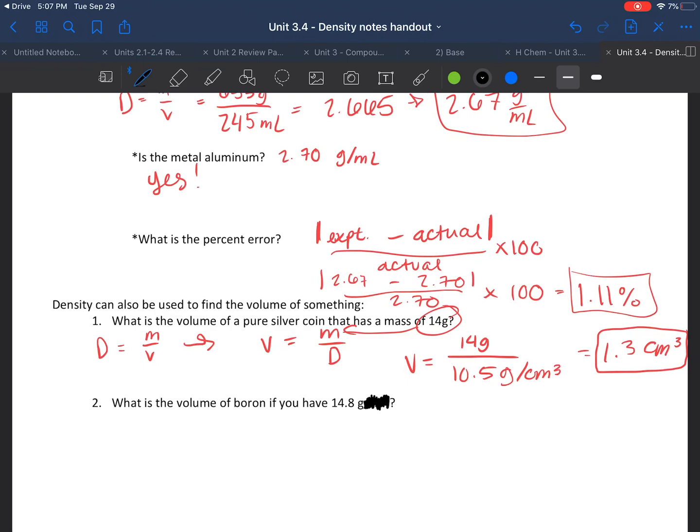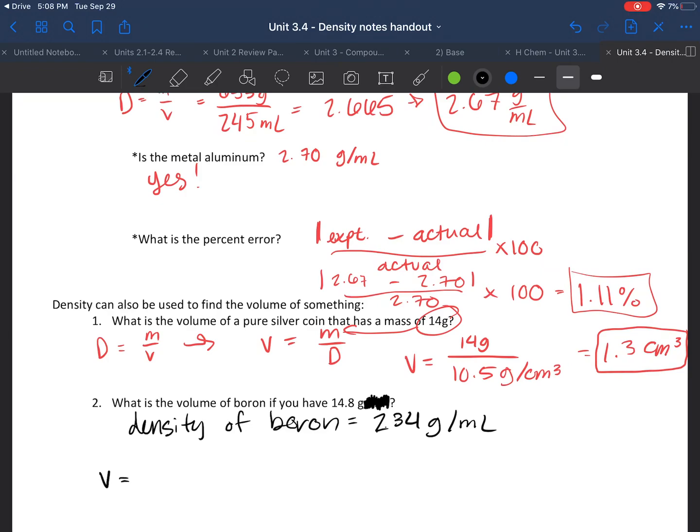If we have 14.8 grams. And so we'd have to look up the density. So the density of boron is equal to 2.34 grams per mL. So if we have 14.8 grams, how much volume do we have, or how many mL?